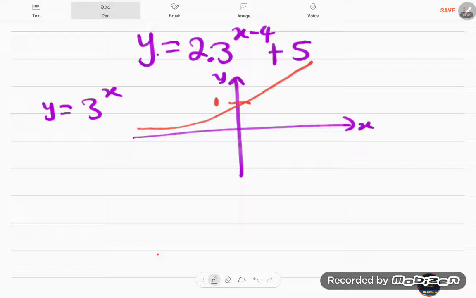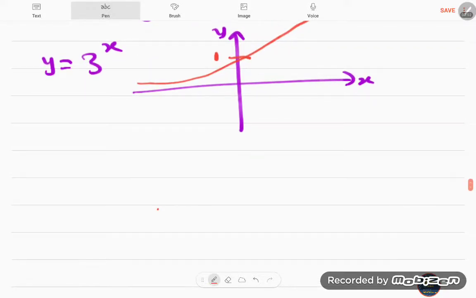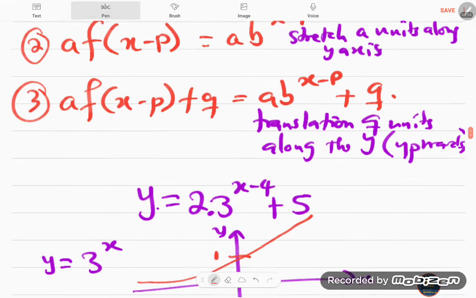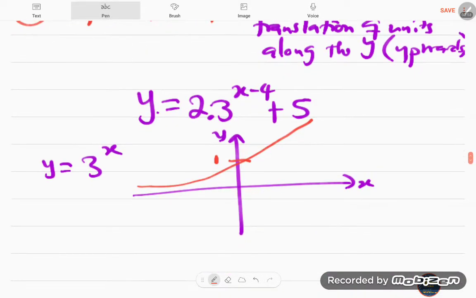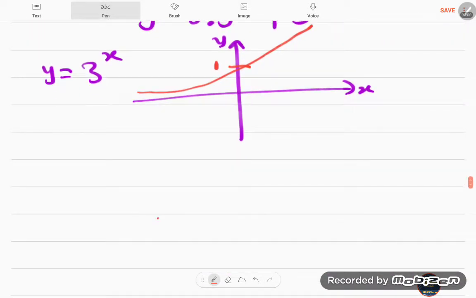It passes through 1. Okay, and then the first transformation gives us a translation of p units to the right, so we are moving 4 units to the right. The other way to think of moving the graph to the right is moving the y-axis to the left 4 units. So eventually we end up with a graph like this.